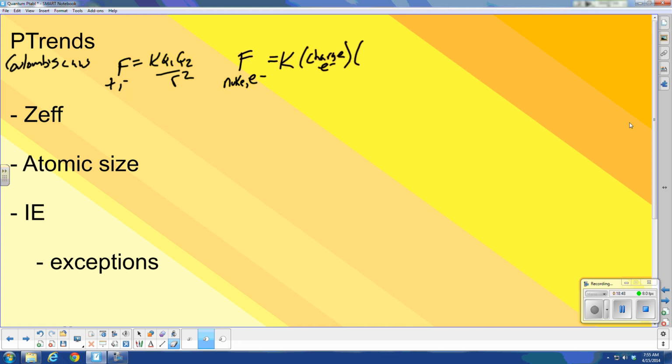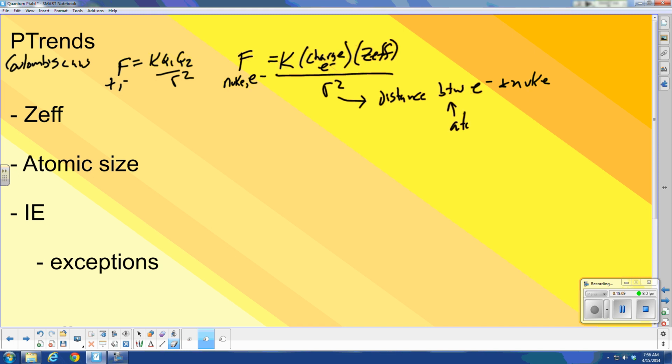And for us, we're going to call that the Z effective, the effective nuclear charge, over R squared. And what is R? R is going to be the distance between electron and nuke. And what that is really a surrogate for is atomic size.